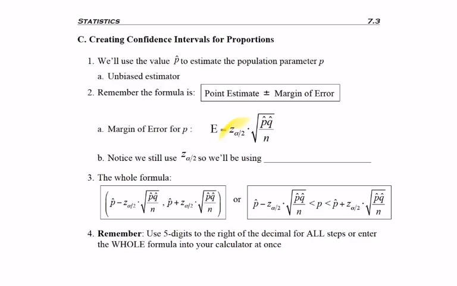In this case, we're going to take z alpha over 2 times the square root of p-hat times q-hat, the whole thing divided by n, and notice it's all under the square root. Because you saw the z alpha over 2, hopefully that's a big hint that we'll be using the standard normal table, basically the z table.